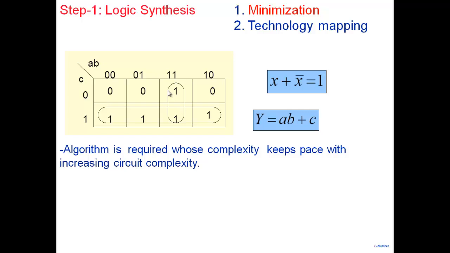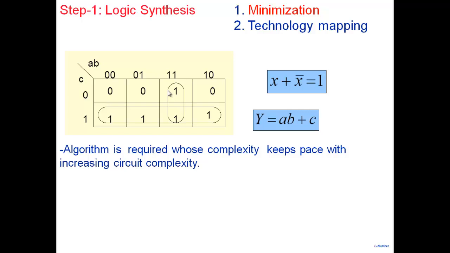Not only that, even with 4-input problems we give you in exams, we find that not everybody is able to arrive at the most optimum solution. People make mistakes even with 4 inputs. So imagine if I have a 6 or an 8-input expression, you won't be able to minimize it at all. Even if you attempt it, your final expression is not going to be optimal, and it's quite likely you'll make errors.